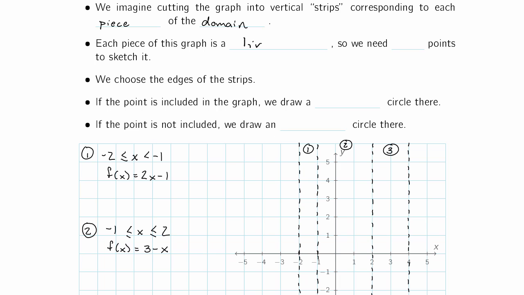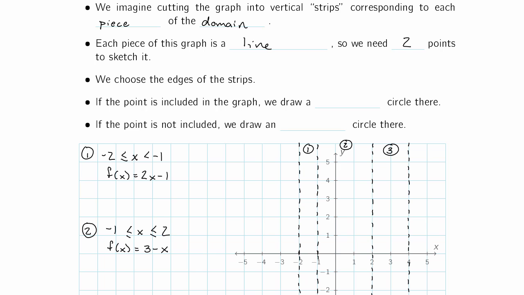So we need 2 points to sketch it. Anytime we want to draw a line, we need 2 points. And if we have a graph like this, where every strip has 2 endpoints, we're just going to choose the 2 edges of the strip.